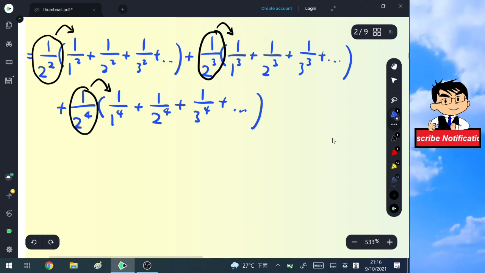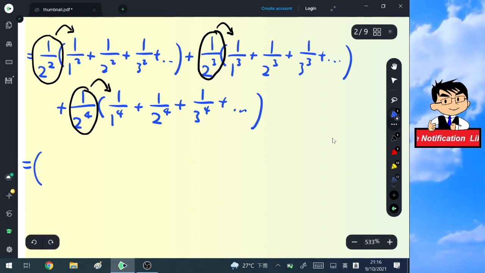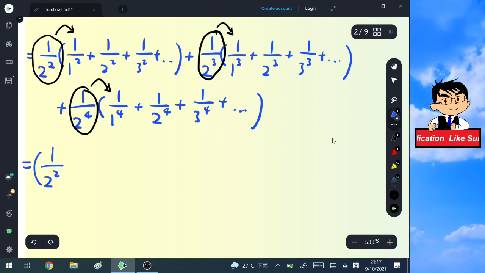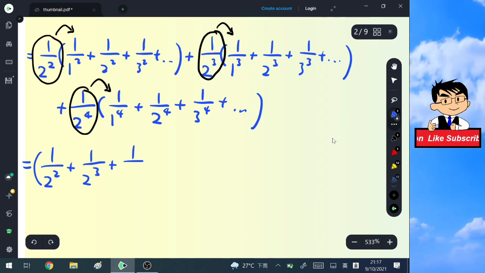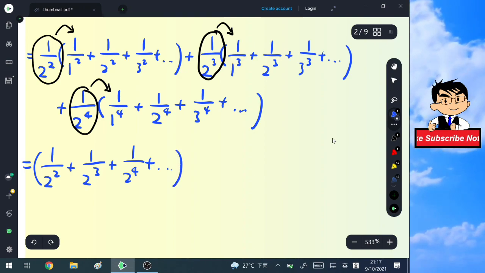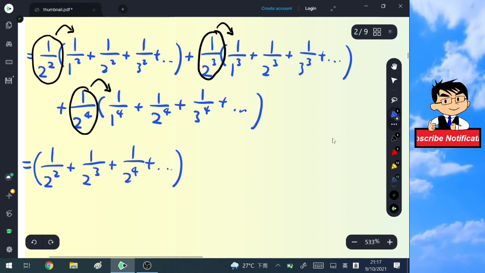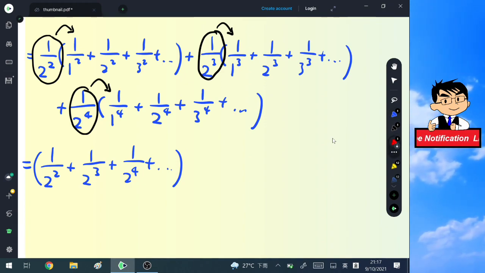And we also have the same pattern for the third term. So putting them together, we have the first summation, which is 1 over 2 squared plus 1 over 2 to the power of 3 plus 1 over 2 to the power of 4 plus dot dot dot to infinity. And this is the first term of the pattern. So let's see what the second sum is about.